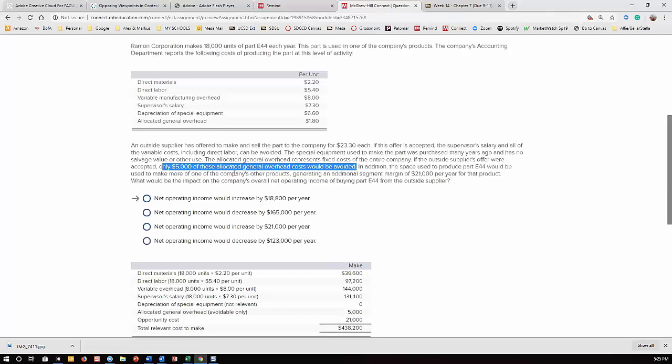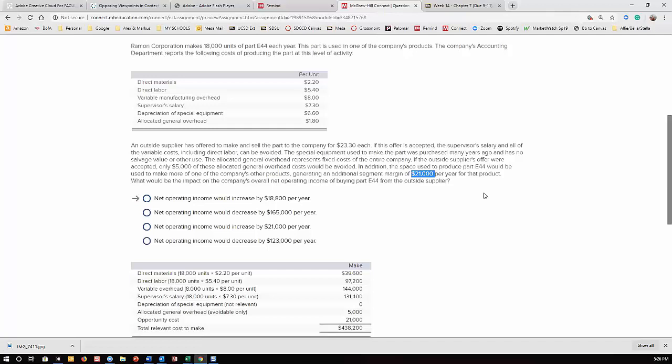And then the other important part, and I hope you guys are listening, it says the space used to produce the part could be used to do something else and generate an additional segment margin of $21,000. That is an opportunity cost.